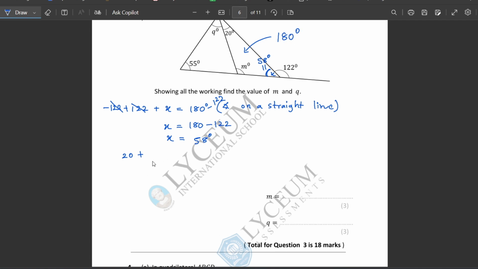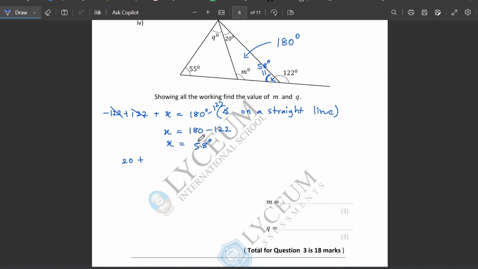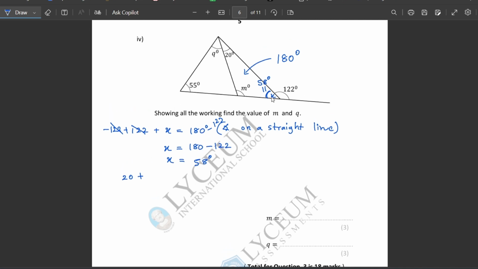So we can add all those interior angles: 20 plus 58 plus M is equal to 180.